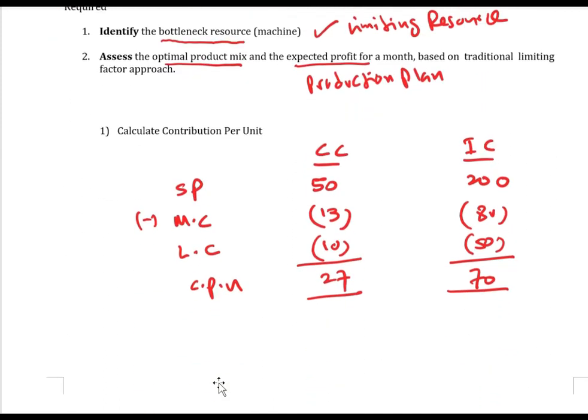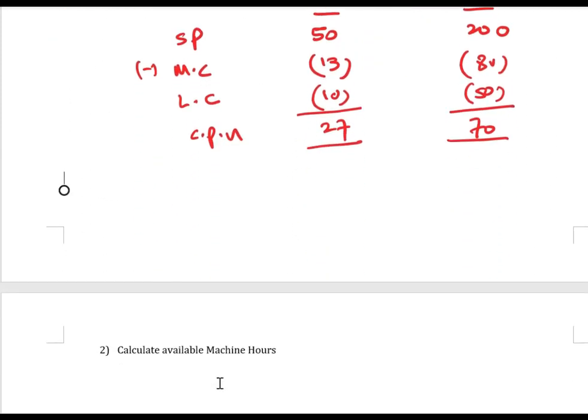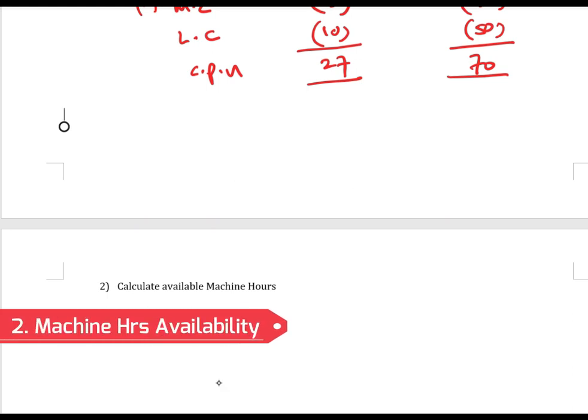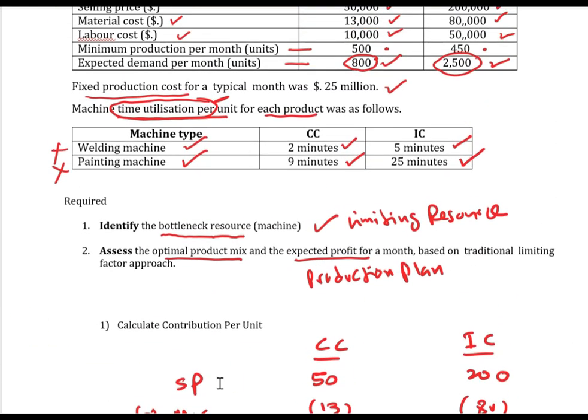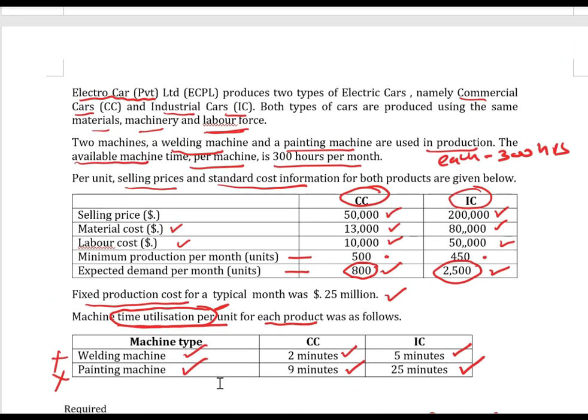Now what is the second step? The second step is to calculate available machine hours. Now how do you identify that? You are given in the second paragraph that two machines, a welding machine and a painting machine, are used in production.